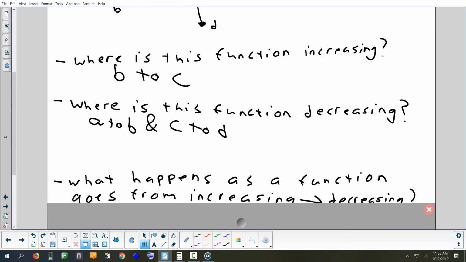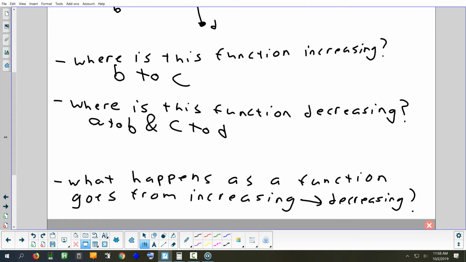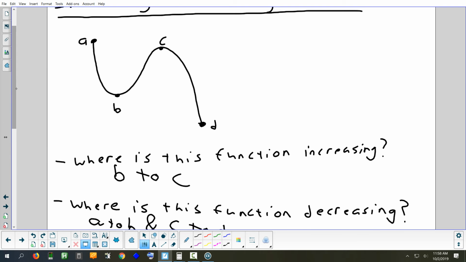So now, think about this. What happens to a function as you go from increasing to decreasing? Look at the graph. What happens as you go from increasing to decreasing? You always get a what? You always get a maximum.